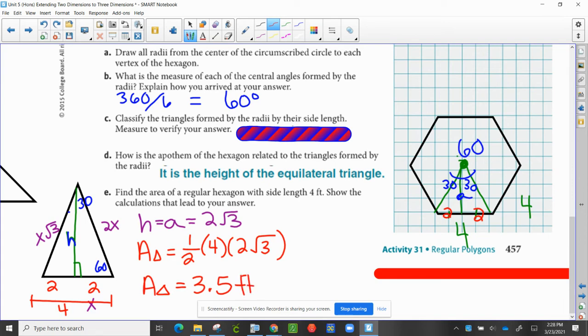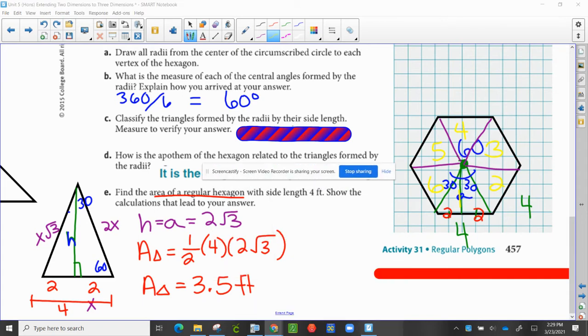Now, the question didn't ask us to find the area of a triangle. It asked us to find the area of a regular hexagon. But remember, in this regular hexagon, I can draw multiple triangles here, one, another one, another one, with all the radii of that circumscribed circle. If we count this, we have 1, 2, 3, 4, 5, 6 triangles.